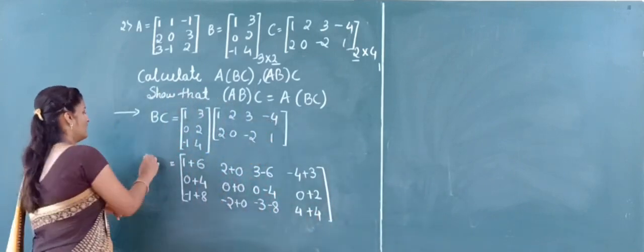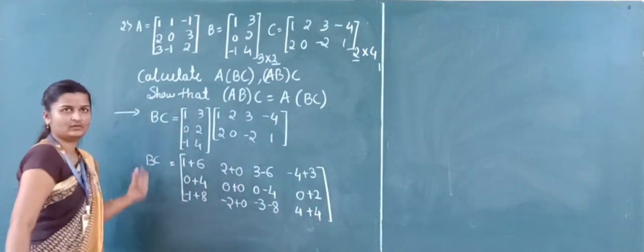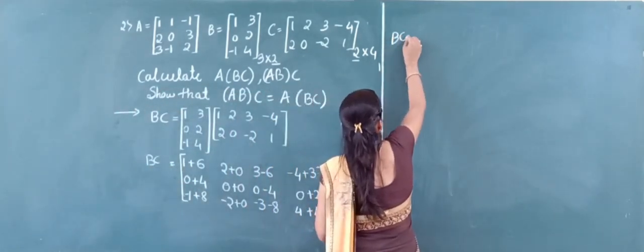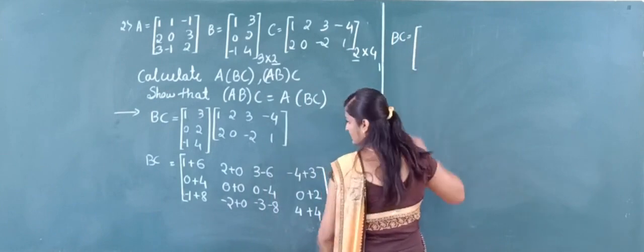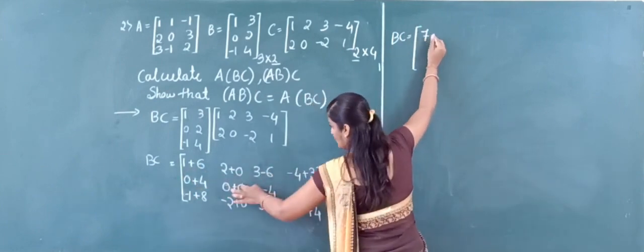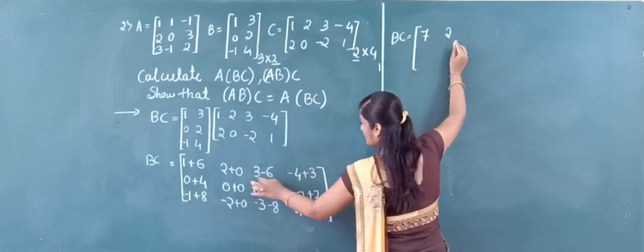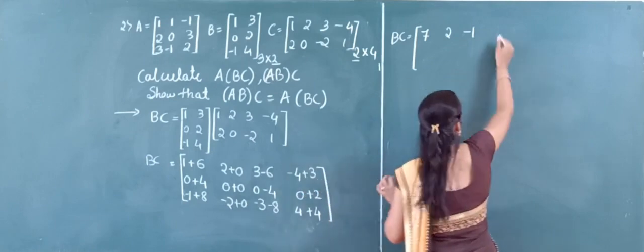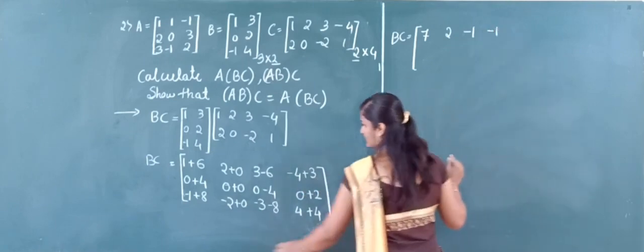So this is our BC matrix. BC is 1 plus 6, 7; 2 plus 0, 2; 3 minus 6, minus 3; minus 4 plus 3, minus 1.